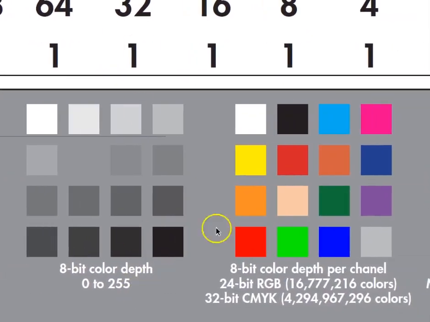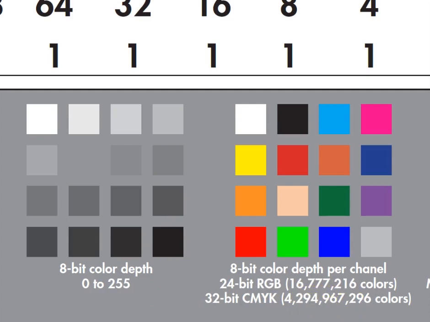Over here in color, you may have a color image that has 3 channels, red, green, and blue, and each channel has an 8-bit color depth, so in total it's a 24-bit color depth image. And the combination of 256 possible steps in 3 channels is 16,777,216 colors.